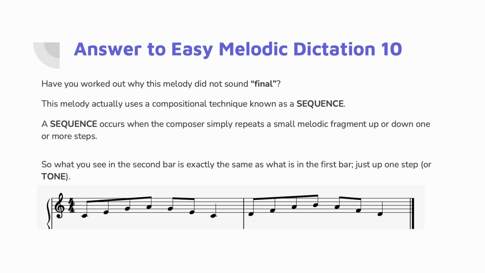This melody actually uses a compositional technique known as a sequence. A sequence occurs when the composer simply repeats a small melodic fragment up or down one or more steps. So what you see in the second bar is exactly the same as the first bar, it's just up one tone or one step.